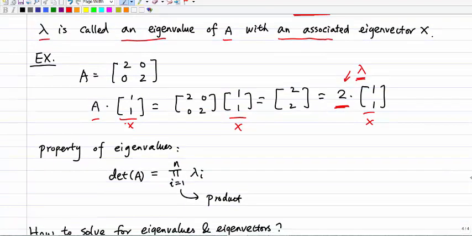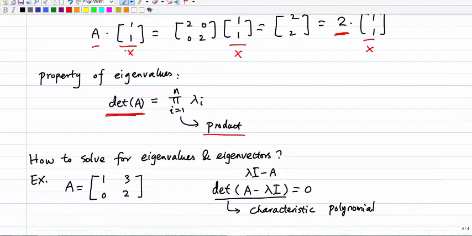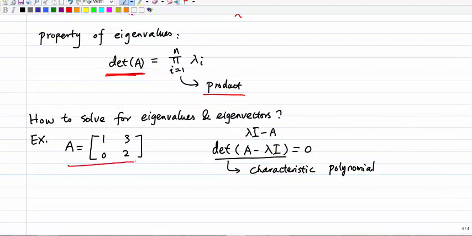The property of eigenvalues: the determinant of A is given by the product of all the eigenvalues. So how do we solve for the eigenvalues and eigenvectors? If I give you a matrix A, the eigenvalues of A are computed by solving the equation determinant of A minus lambda I is set to be 0.